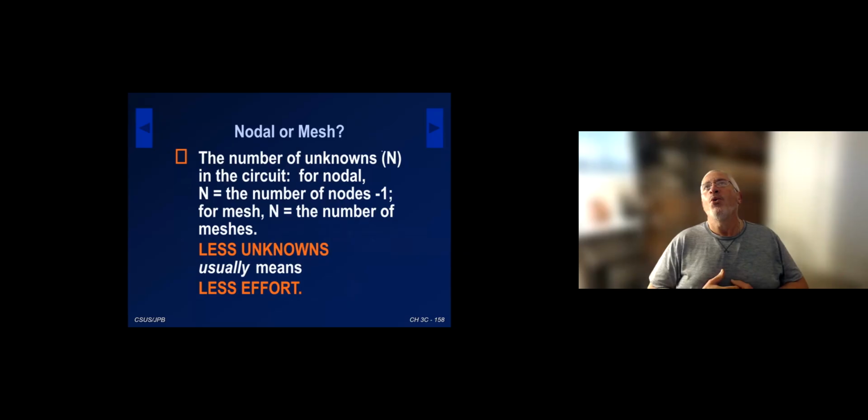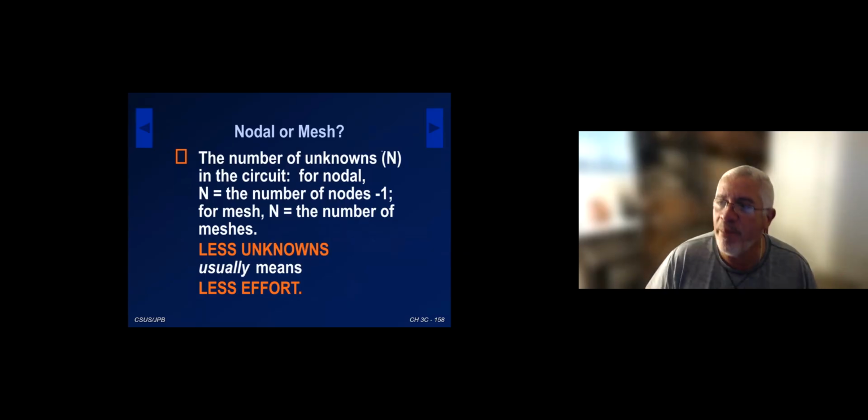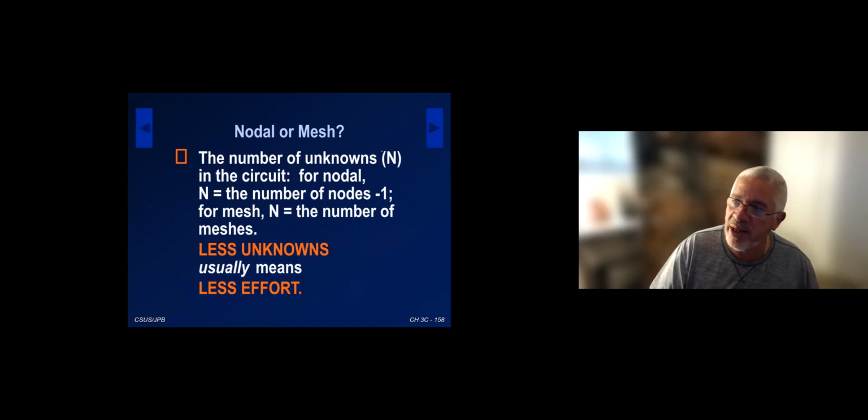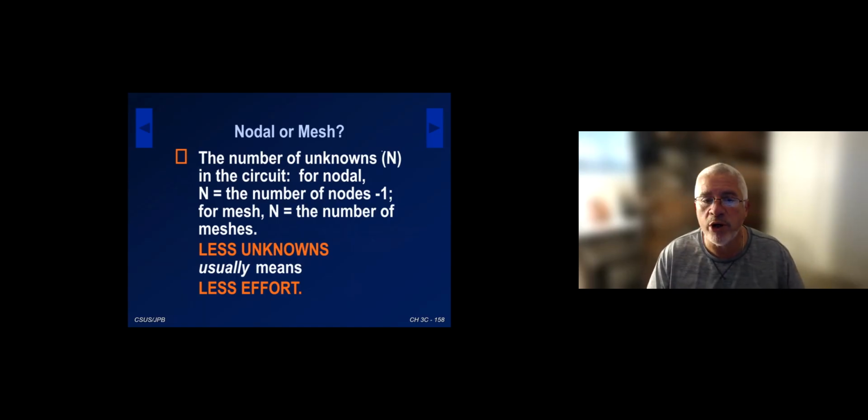So when we look at nodal or mesh, we start by looking at the number of nodes in nodal analysis, and the number of meshes in mesh. In nodal analysis, the number of unknowns is the number of nodes minus one. If you have 5 nodes, that's 4 unknowns, which basically tells you that you need to generate 4 equations for the 4 unknowns you have.